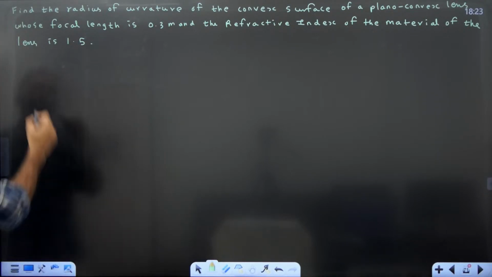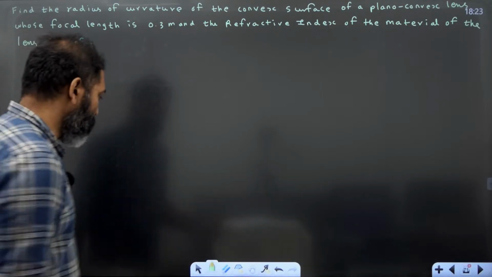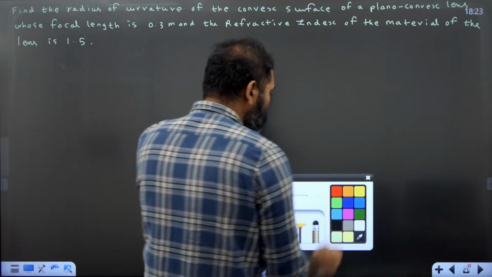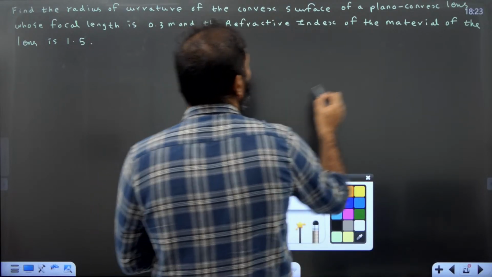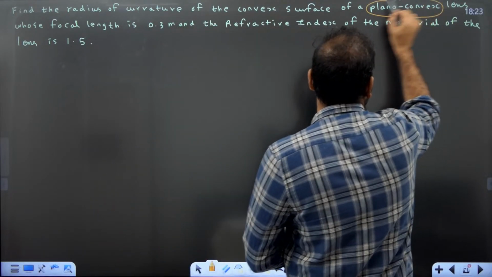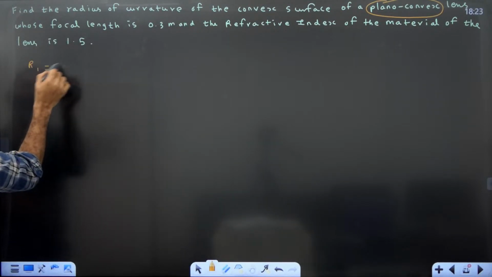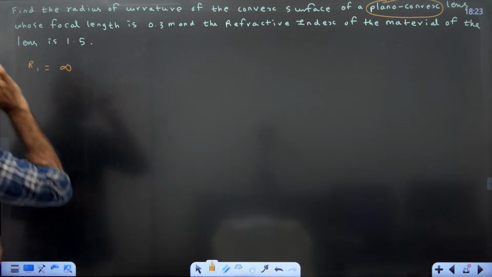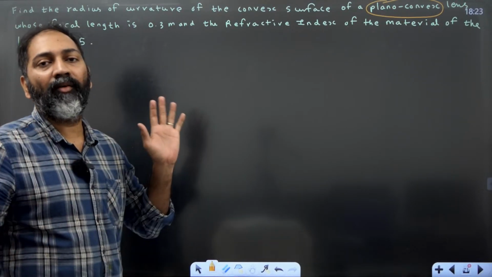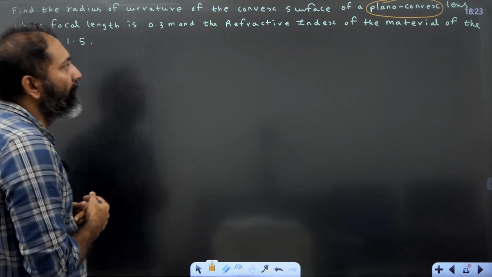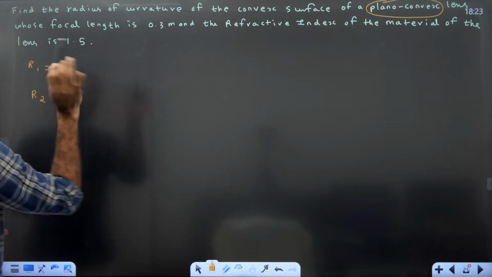Now let's see. Here, students, you have to note that it is a plano-convex lens. Plano-convex means R1 equal to infinity. Always remember, whether it is plano-concave or plano-convex, R1 equals infinity. Since it is convex, R2 should be positive.